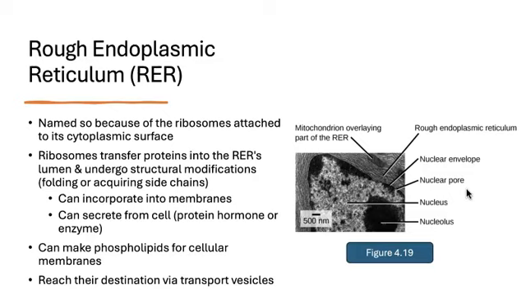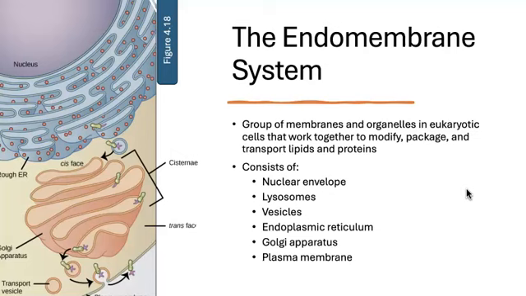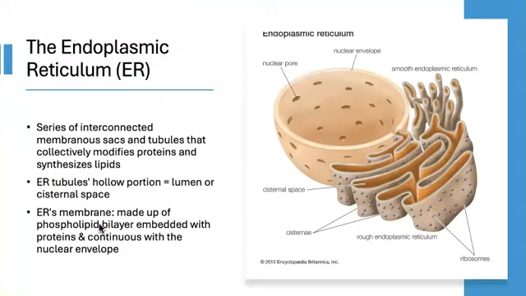And they can become incorporated into the membrane, and they can also be secreted from the cell as a protein hormone or an enzyme. So I'm going to go back to this image here so you can see that we would go through our RER, and then we're going to put it into a vesicle, and we could send it to other areas too in order to continue with some changes.